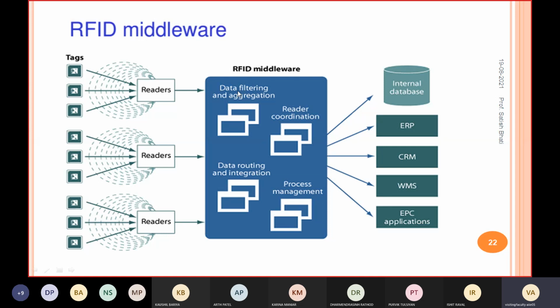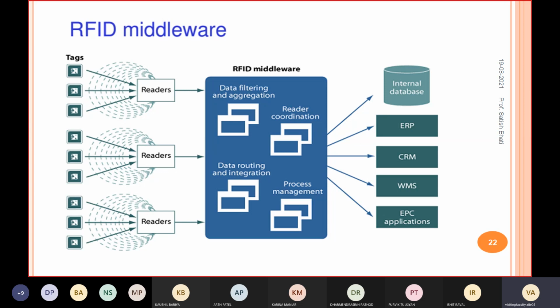So middleware will do functionalities like it will aggregate the data, it will coordinate the data to the reader, so it provides reader coordination functionality. It will also do the data routing and the integration of data. It will also do some processing, so you can say it has the process management functionality.